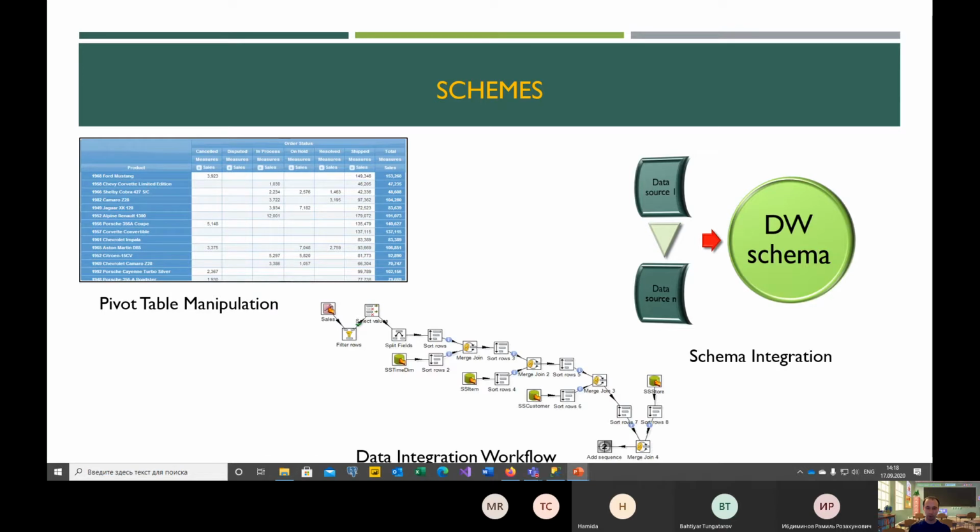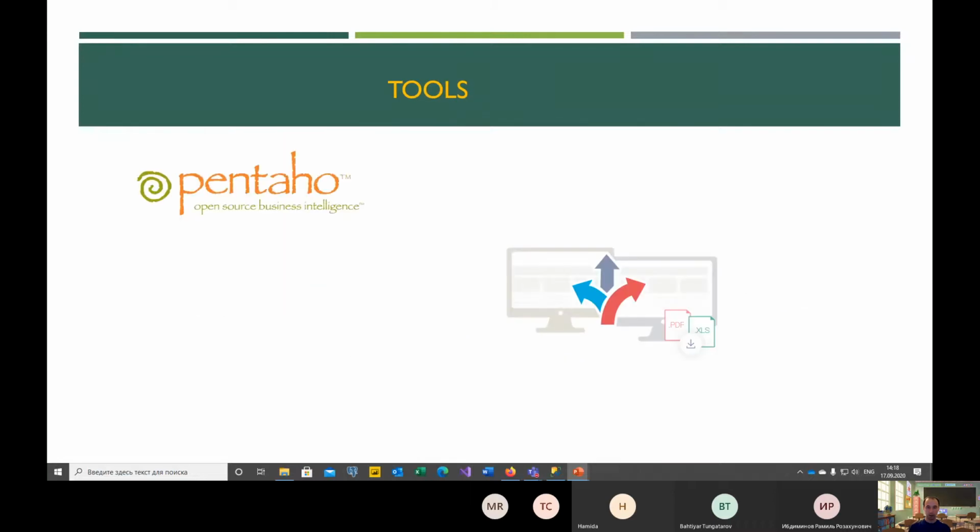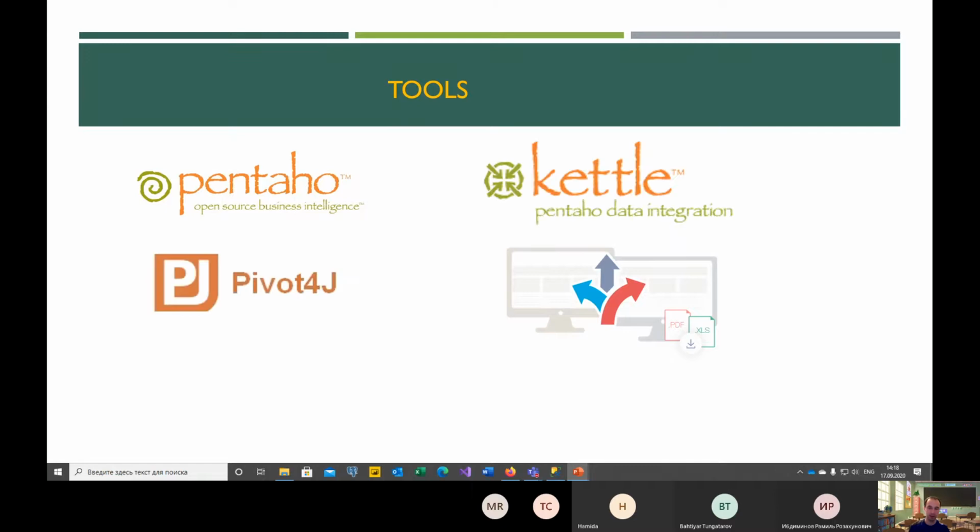And we also have the workflow. As I have observed, there are several business intelligence tools popular in the United States, like Pentaho, and there is Pivot4J for pivot table representation.